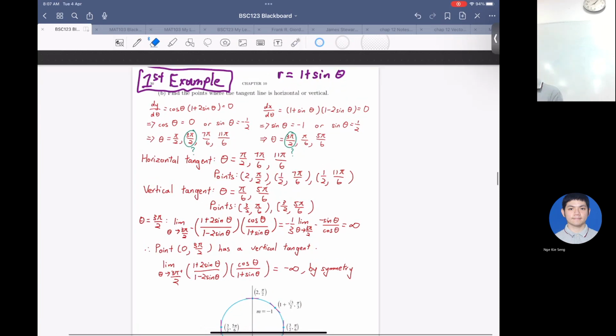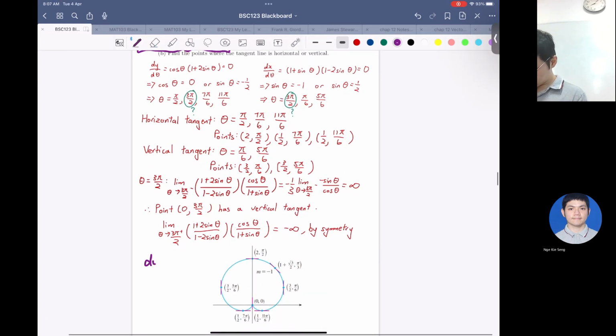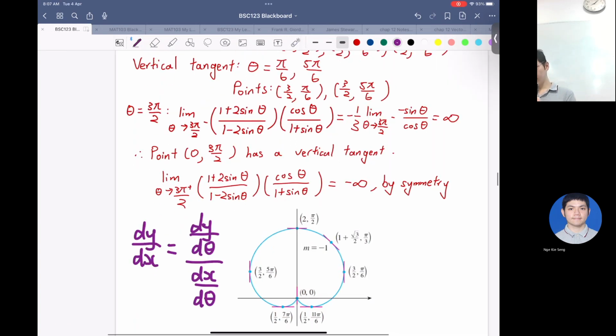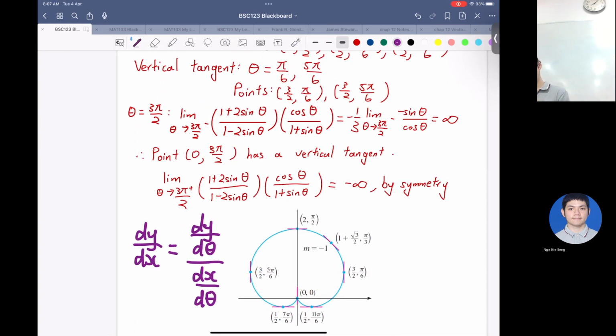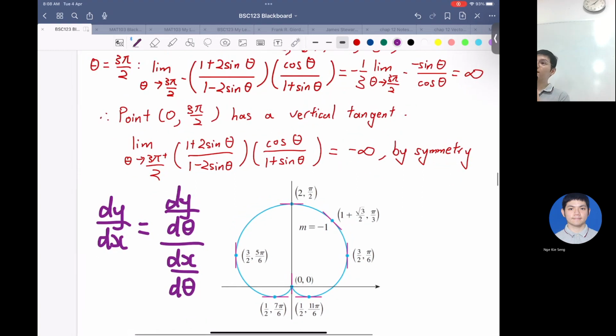All right. So at this point, what happened? Let me write something down. dy/dx equals dy/dt over dx/dt. So we get 0 over 0, something weird is going on. We don't know what is going on, so what we do is check the limit.